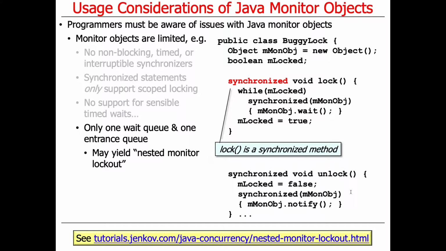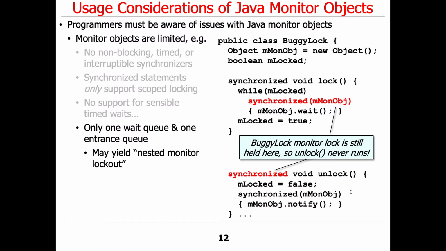The fact that you only have one wait queue and one entrance queue has a number of problems, not the least of which is something called nested monitor lockout. And you can read more about that here. In a nutshell, what happens is you come in to a method, and the synchronized keyword acquires the intrinsic lock.